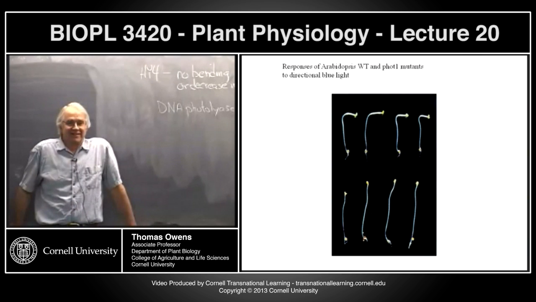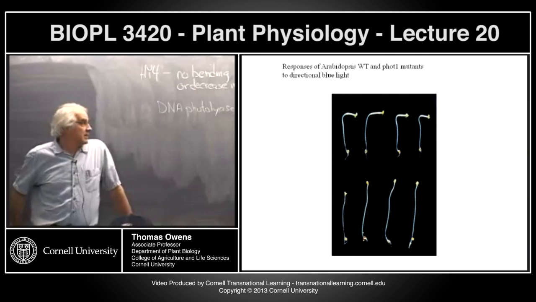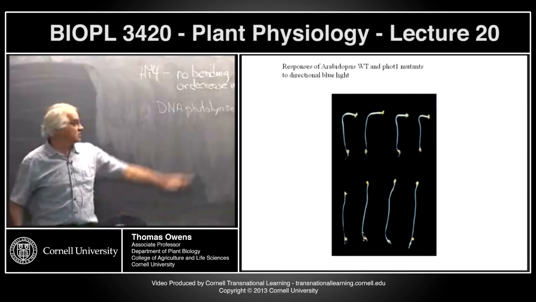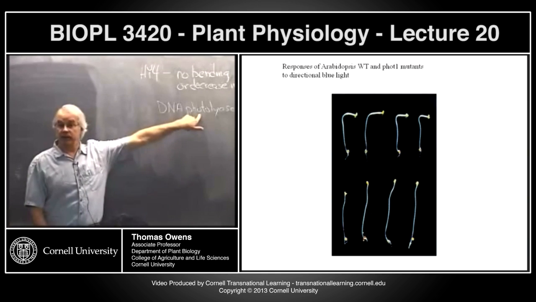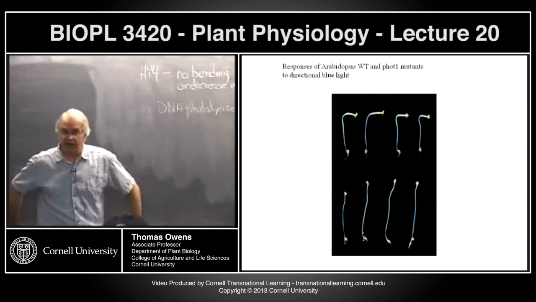Okay, so DNA photolyase is a DNA repair enzyme that repairs pyrimidine dimers. UV light can cause the formation of pyrimidine dimers in the DNA. And DNA photolyase is a very interesting enzyme that repairs those in a light-dependent way. Blue light is required for this enzyme to go through its catalytic cycle.